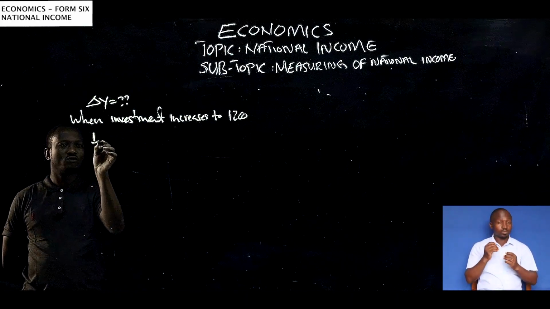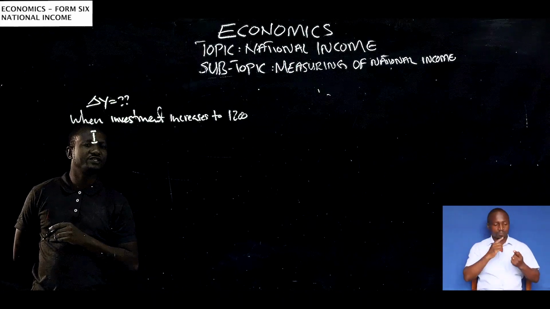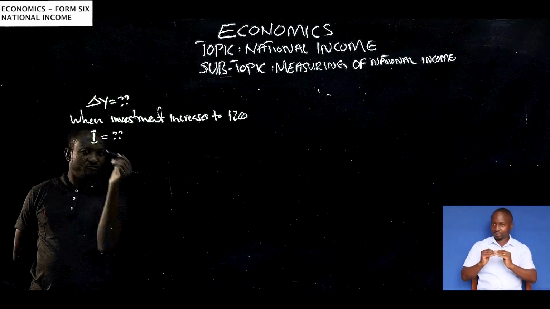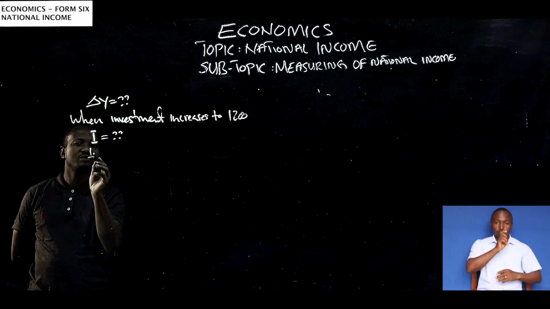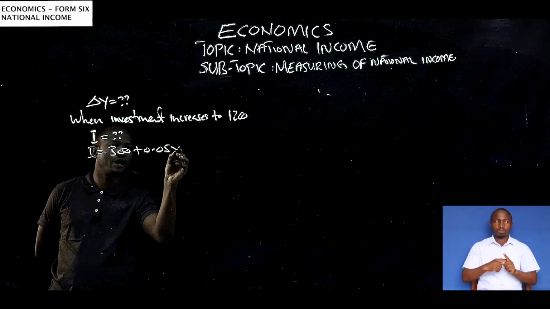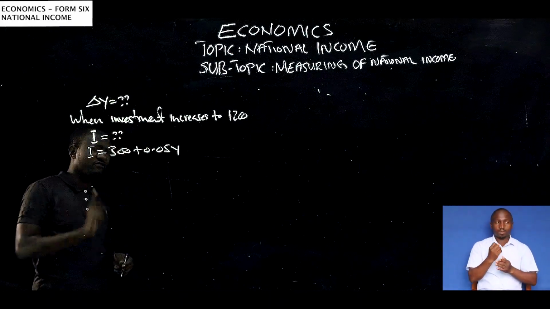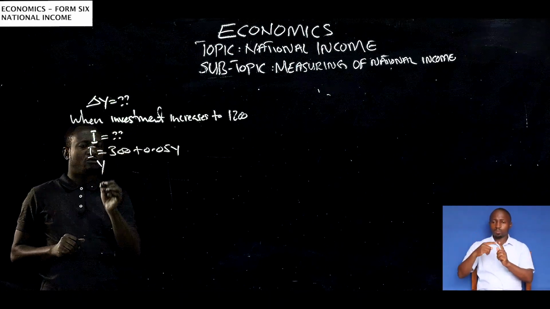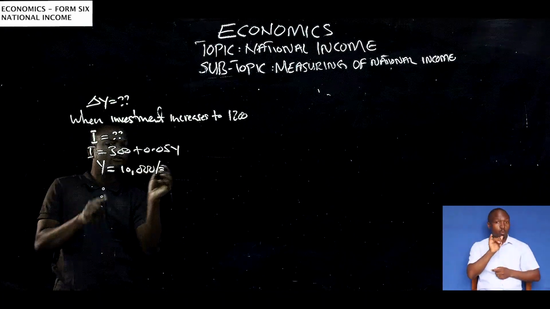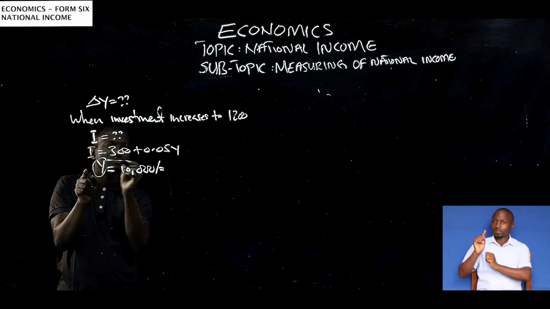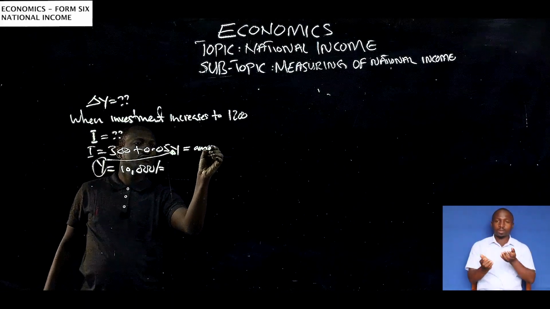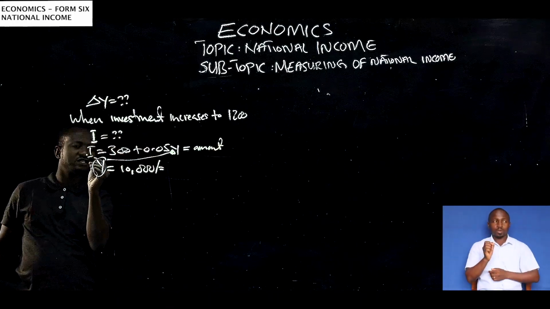First, you have to know the investment before changes, the amount of investment before changes. From our question, investment was 300 plus 0.05y. But remember, y is the level of income. And from part A, y was 10,000. So you have to substitute this y into this to get the amount of investment.